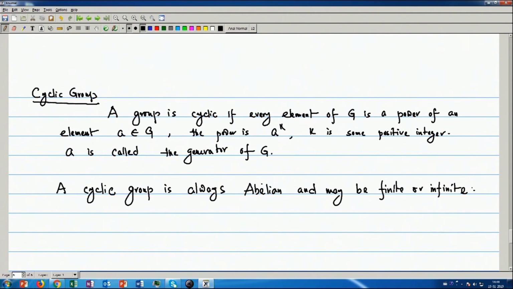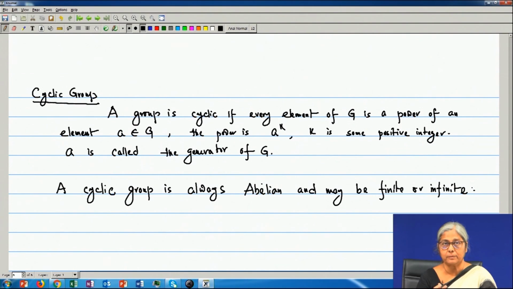So, we have read some definitions of group and some properties of group, and we will be continuing the group properties and some examples in our next lecture.